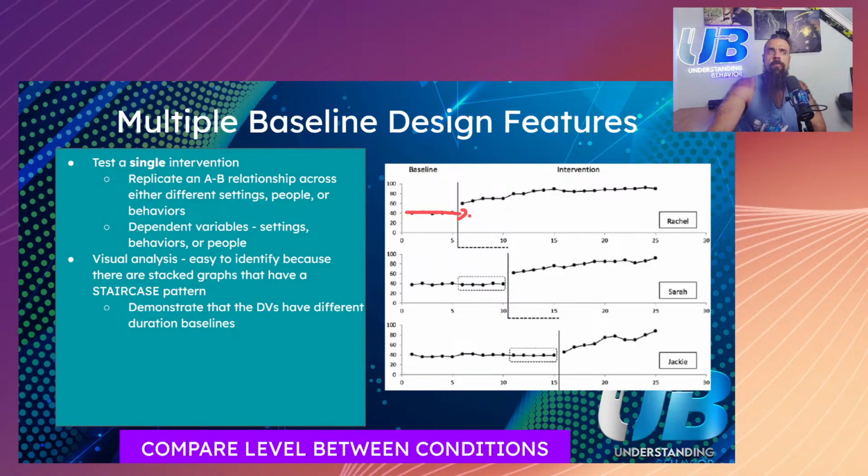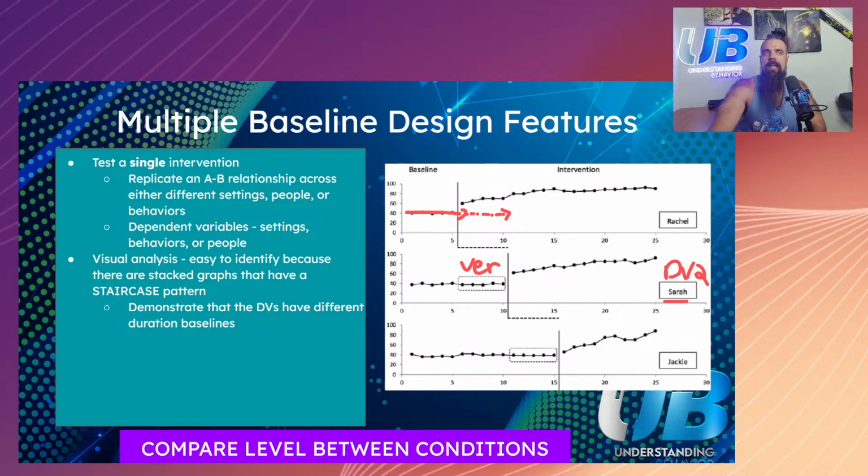So the reason why we need to have those extended baselines is because here is where we show verification with our second dependent variable. So we make this prediction about our baseline condition, and we prove this prediction is accurate with our second dependent variable, with Sarah. So this is where our baseline logic comes into play.